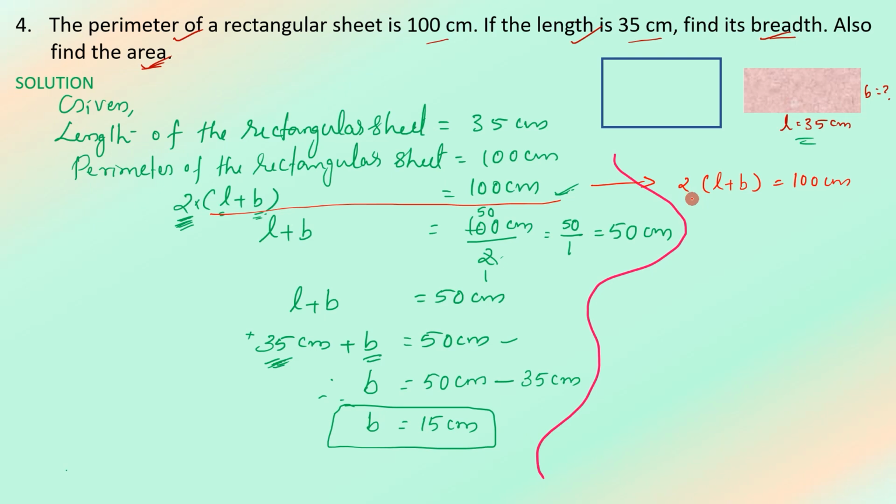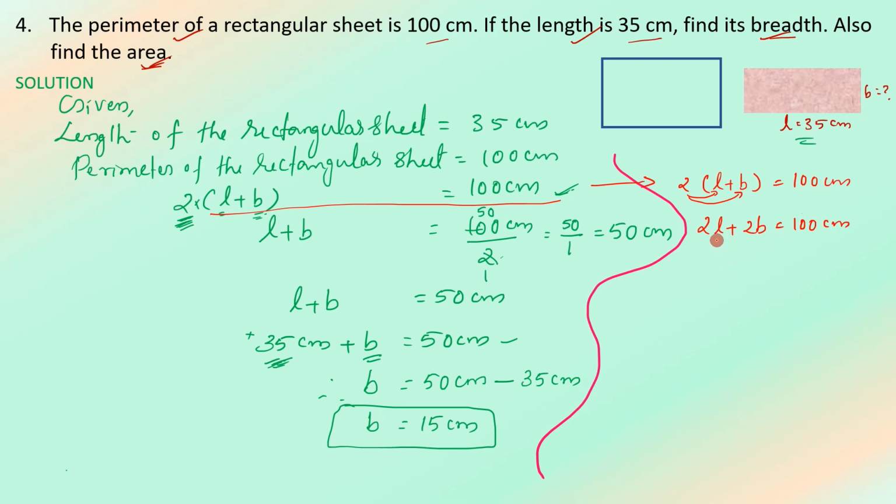Using the distributive property, we can write this as 2 into L plus 2 into B, that is 2L plus 2B equals 100 centimeter.